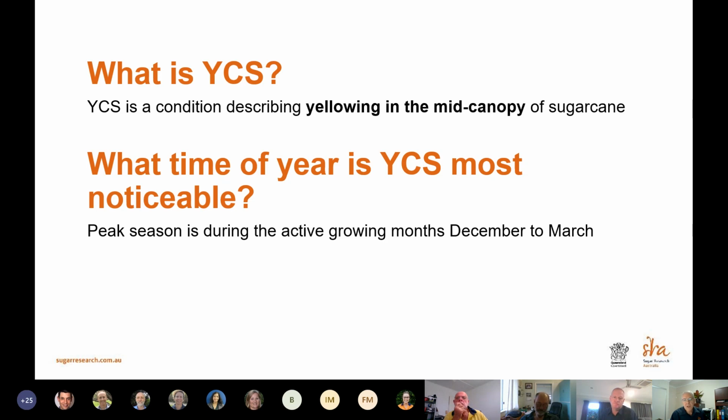When do we see YCS? Well, it occurs during the peak growing period, and that growing period is between December and March, and it's also the time when it's the highest rate of photosynthesis and light intensity.